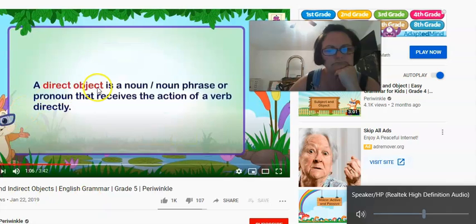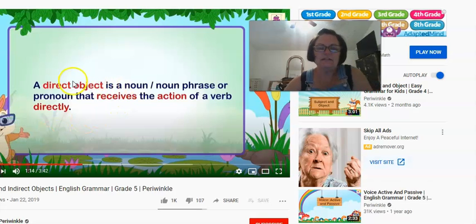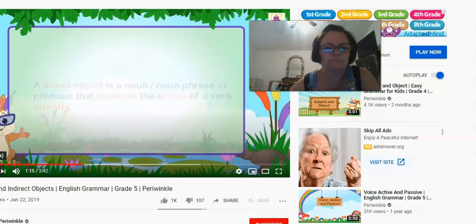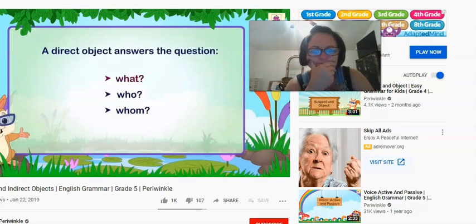A direct object is a noun or noun phrase or pronoun that receives the action of a verb directly. It answers the question what or who or whom.